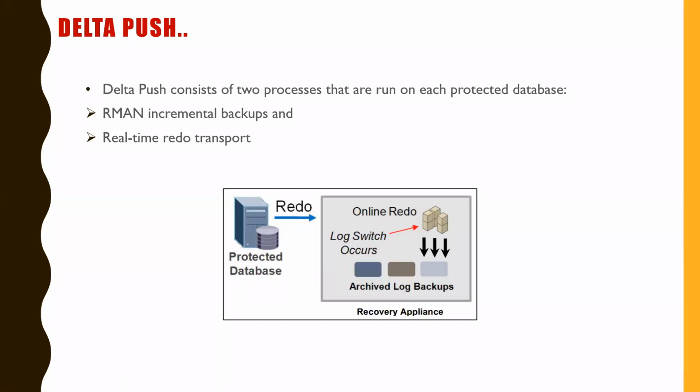Also, if the database suddenly crashes before a switch of the redo log file, the recovery appliance can immediately capture the data and generate an archive log in the appliance itself.